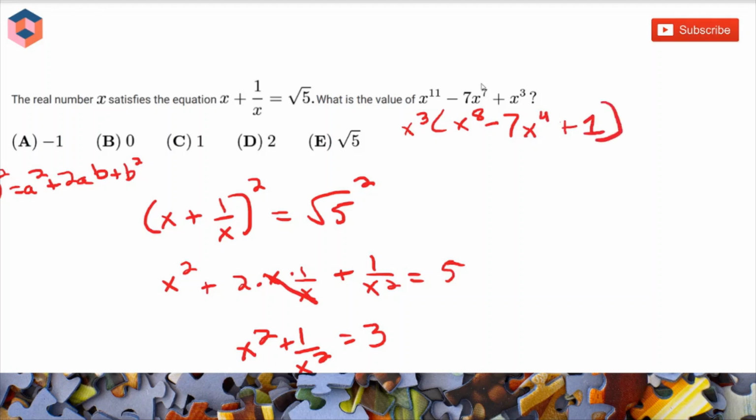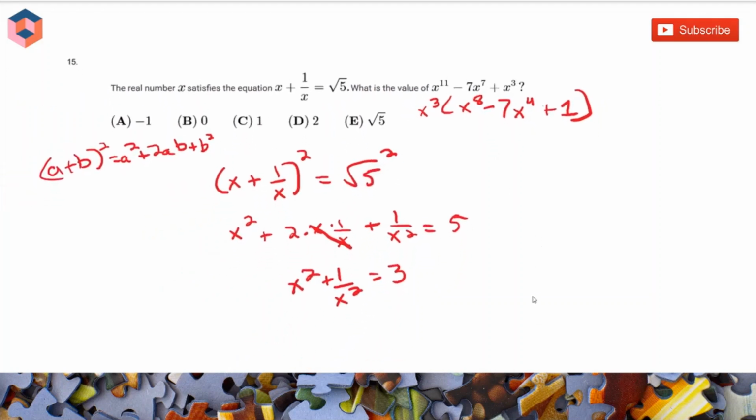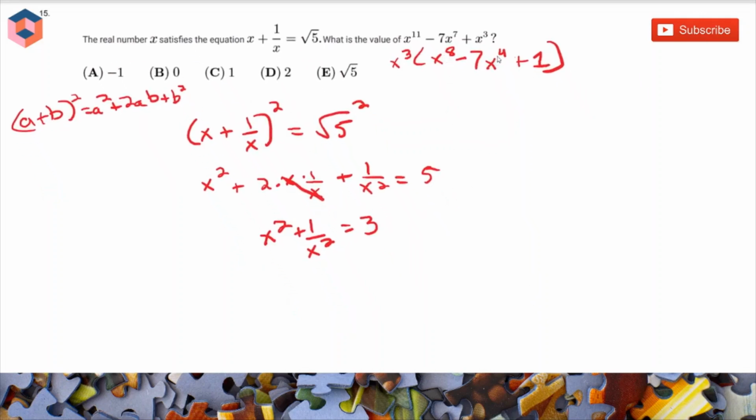That seems a bit more manageable. These coefficients, or these powers, look nice. 8, 4, 0. Because it's x to the power of 0, which is 1. Let's try what we just did here again. So we square both sides again.